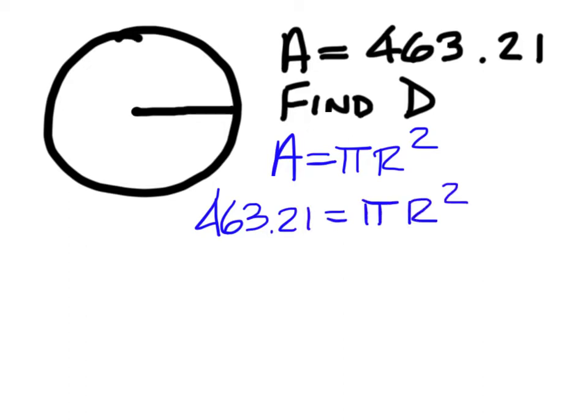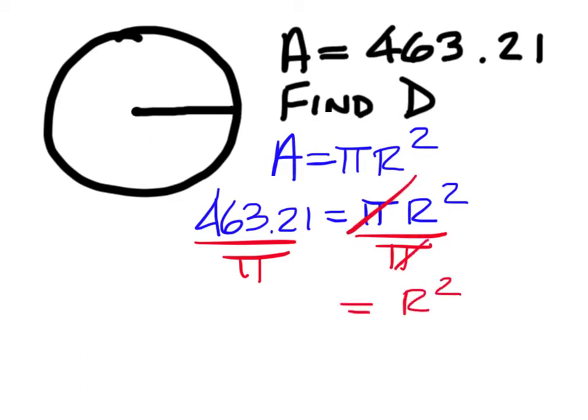So now to solve for the diameter, we must first find the radius, because the diameter is what in relation to the radius? Twice. Yes, so we'll go first by dividing both sides by pi. And when you do that, the pi's cancel out on the right, and you're left with r squared.